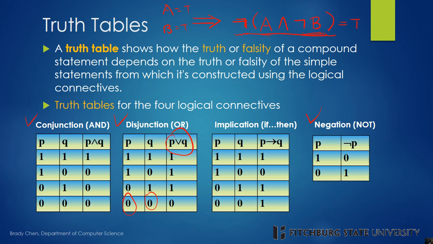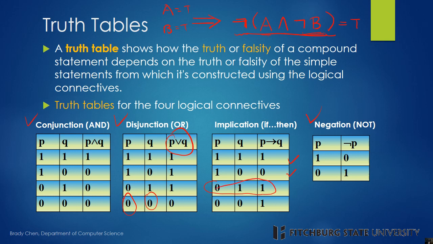Now, the complicated case is the implication. Let's take a look at the table. The table says if P is true and Q is true, then P implies Q is true. That case is easy to understand, and that case is also easy to understand. Now people are mostly confused about this.